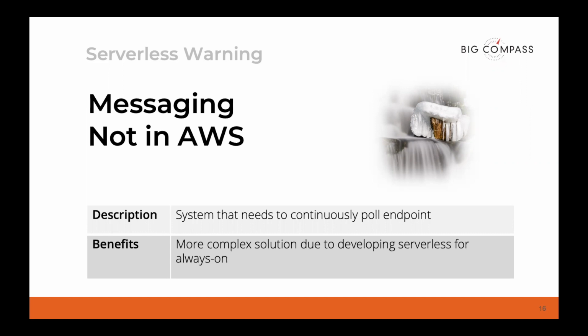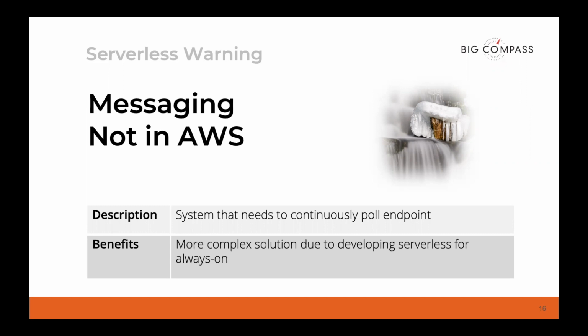And a great example of this is when you need to continuously pull an external queue, like a JMS queue, for messages. So let's say you need to maintain an open connection to a JMS queue that's outside of AWS. And each time a new message lands in that queue, you can process the message. You can create that using a serverless solution, but you would code in serverless basically for an always on solution.